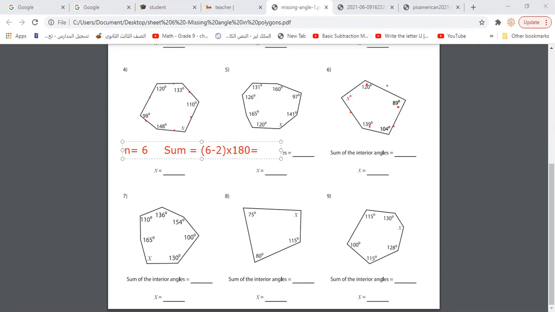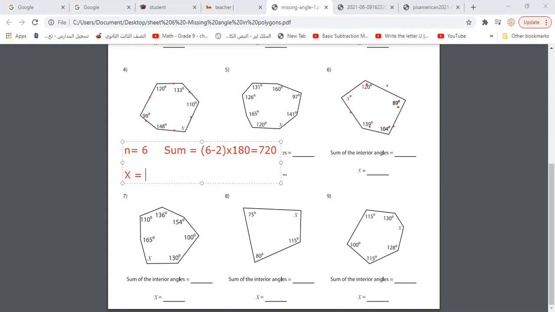It will be how many, Tala? 720, exactly. Okay, now we want to find the value of x.